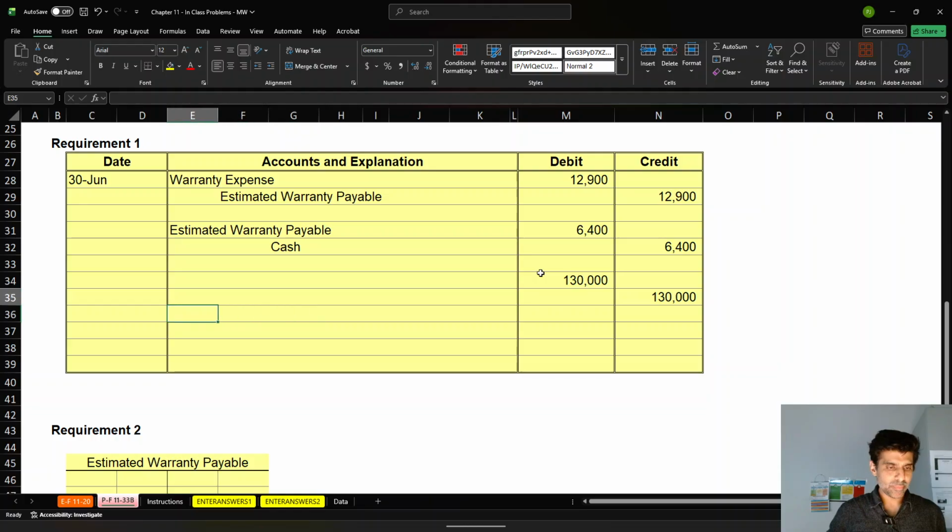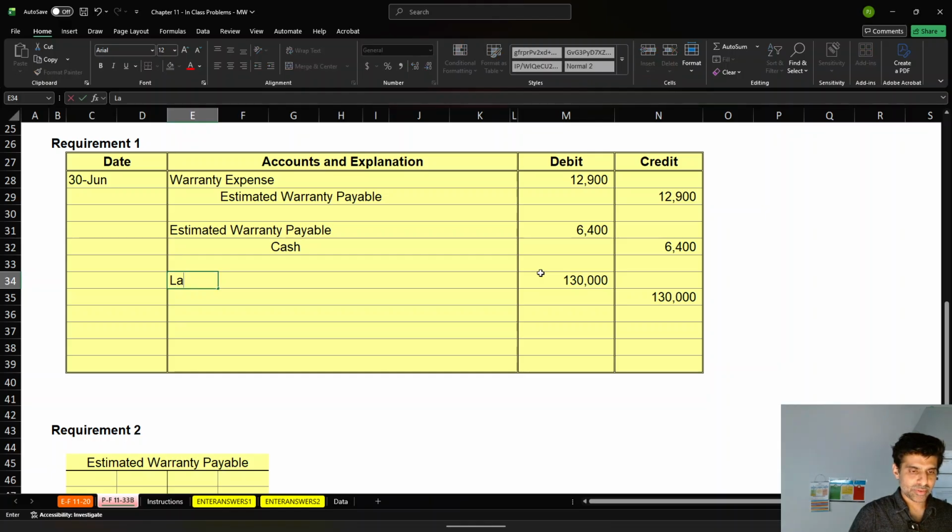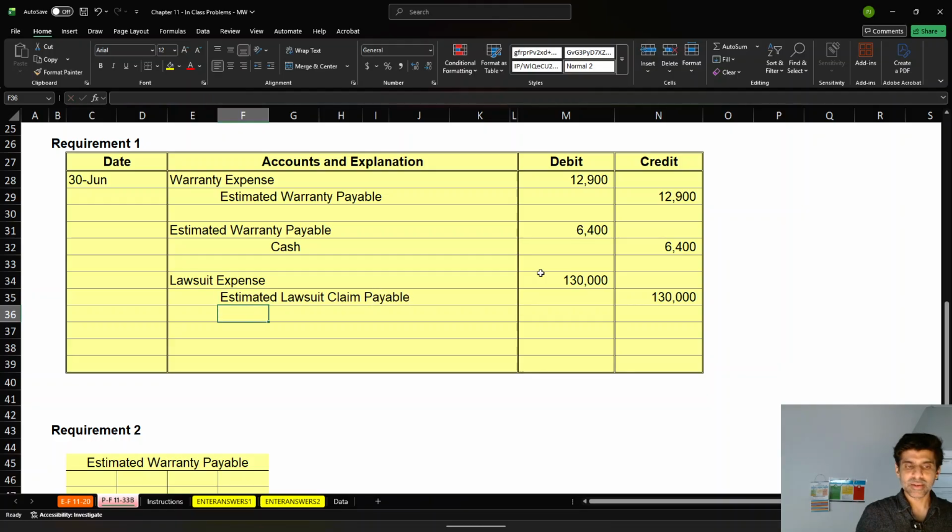We can call it lawsuit expense, and then estimated lawsuit claim payable, something like that.